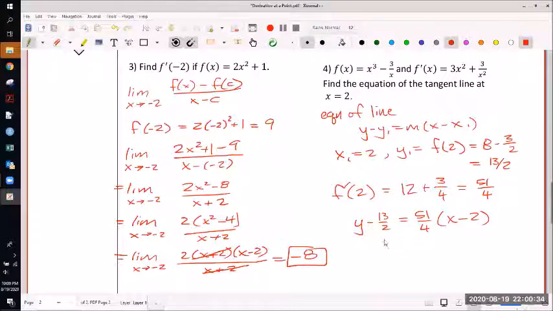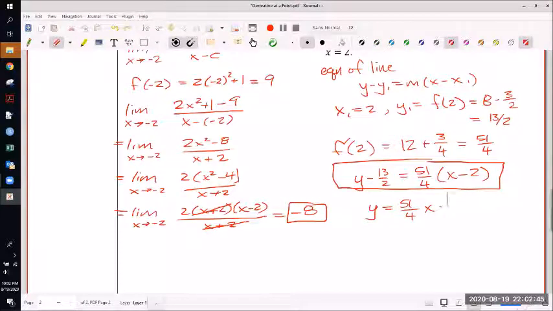If I want to find the equation of the line in slope-intercept form, I just solve this for y and combine like terms. I get 51 over 4 x minus 51 over 2, and then I add 13 over 2, gives me minus 38 over 2.